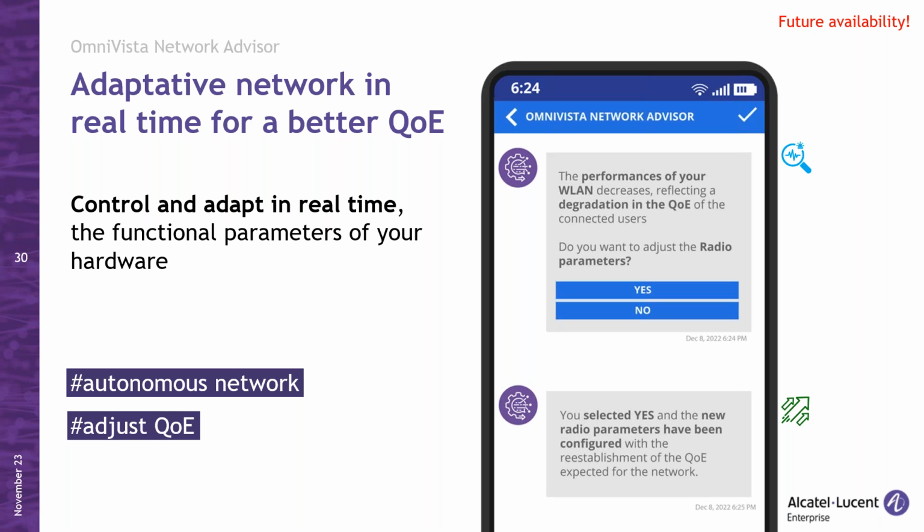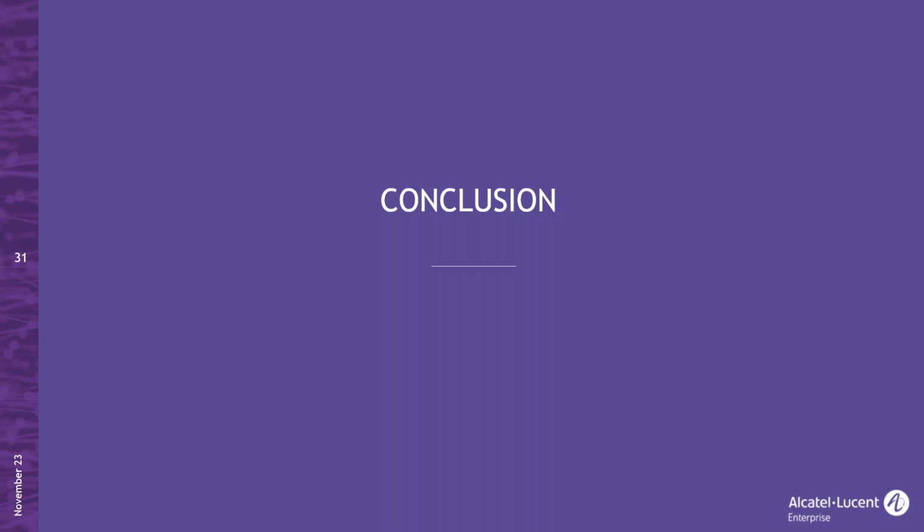When the people disappear, it can turn on again the normal configuration of those parameters in the access point. This is how the tool can help in real time in these situations, in quality of experience and maintaining it.